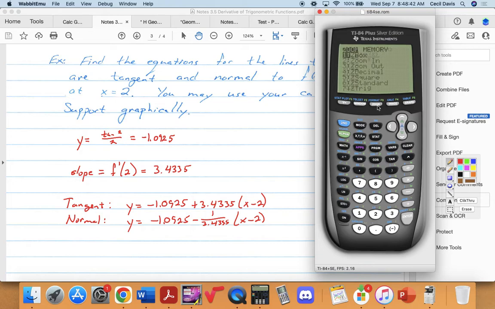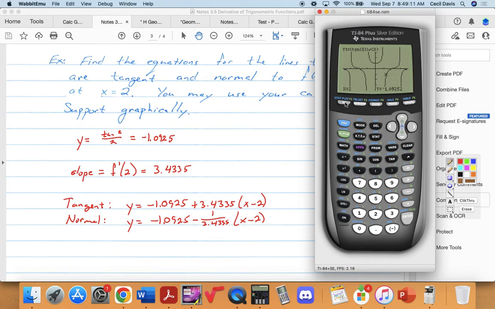And I'll do a zoom trig. I'm going to trace this to x is 2. All right, so this is the part that I'm looking at, is right here. Right here at this point. Okay?